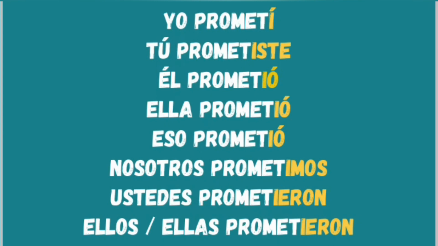If you want to say I promised, you have to say yo prometí in Spanish. Now, if you want to say you promised, then you have to say tú prometiste. If you want to say he promised, then you have to say él prometió.